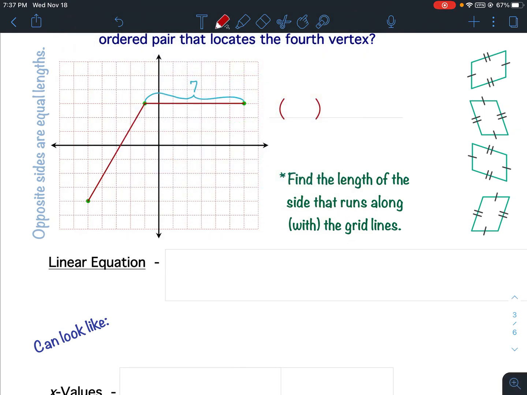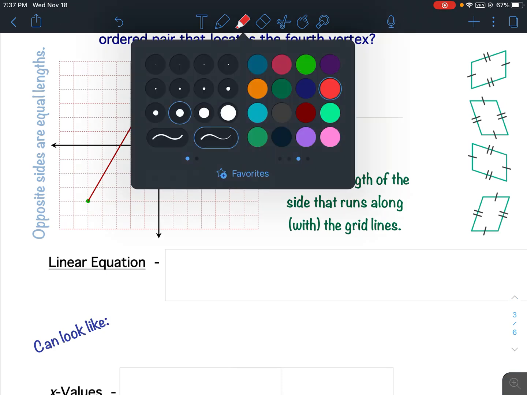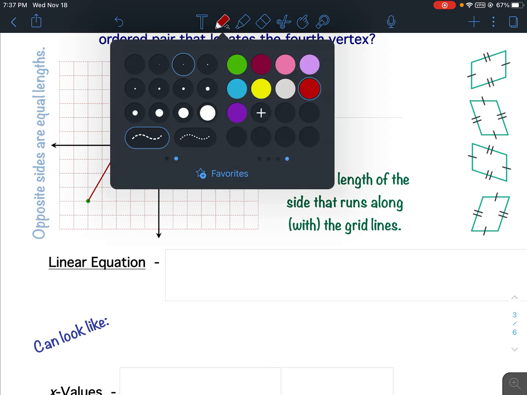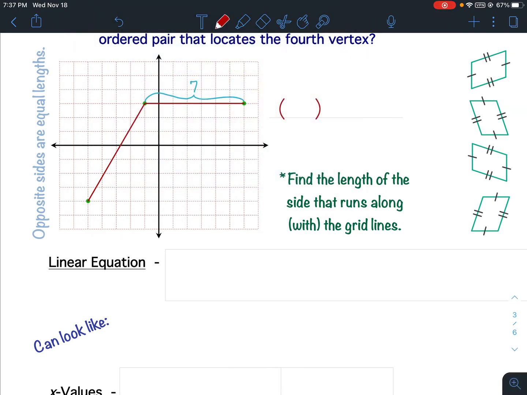So, if that is 7 units long, that means the length at the bottom here has to be 7 units long. So I'm going to count over 7. One more time here: over 1, 2, 3, 4, 5, 6, 7. I'm going to put a point there.